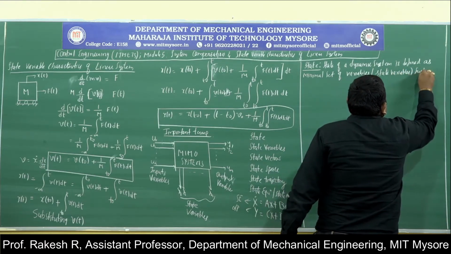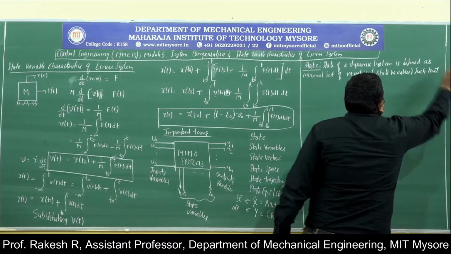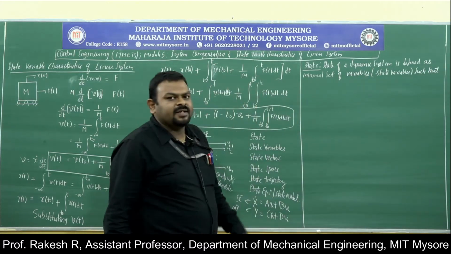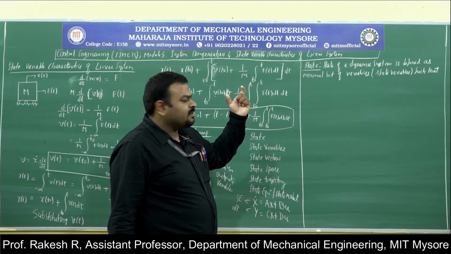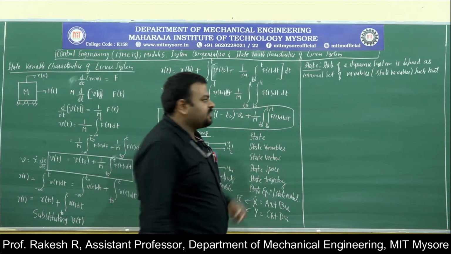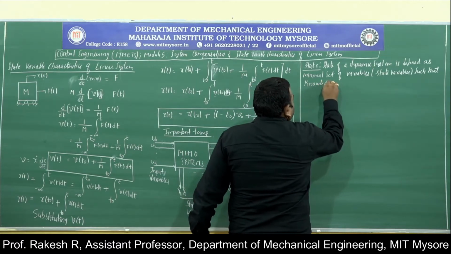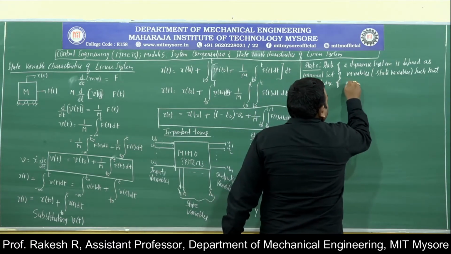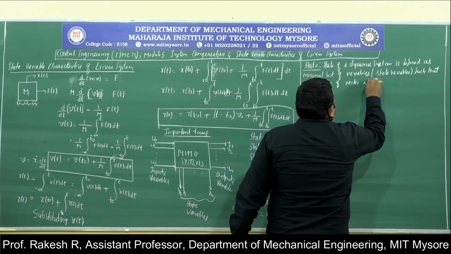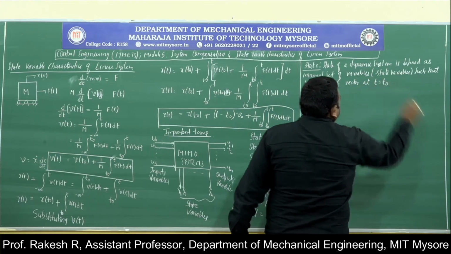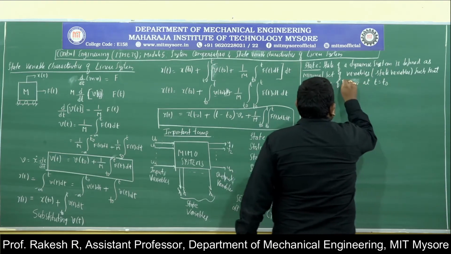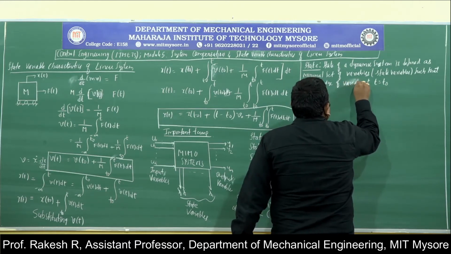such that we need to determine the time interval such that knowledge of the vector at t is equal to t naught. Generally, instead of vector, you can use variable.